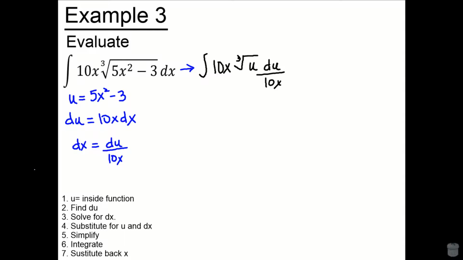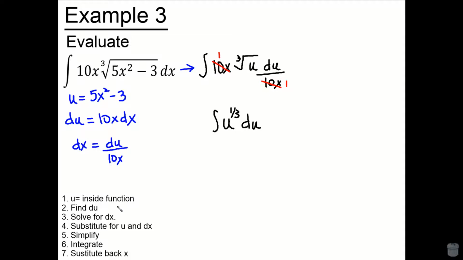And this is the reason why I like solving for dx, because this 10x and 10x will reduce each other to 1. Now I have 1 times the cube root of u du over 1, which is the integral of u to the 1/3 du.